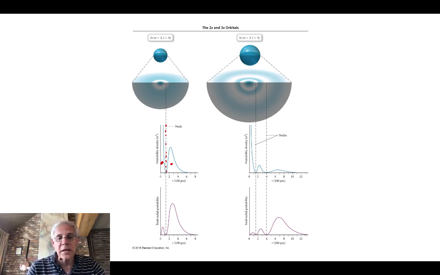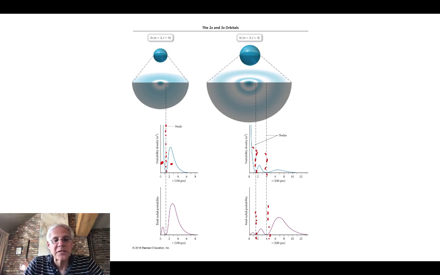If we go out to the n equals 3, we now have 3 nodes of probability density. So if we look at this bottom one here, at total radial probability, you can see that we have 2 nodes there in 2 regions where we have a zero probability density. If we went out to the 4s orbital, we would then have 3 nodes of zero probability density.